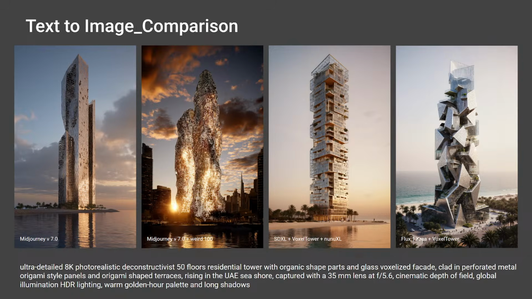And this is the first comparison, basically. I would say from this test, Flux is the best model. It understands the prompt in a better way, and it also creates an interesting result according to architecture, from my point of view. For example, if we speak about SDXL, it's a nice building.